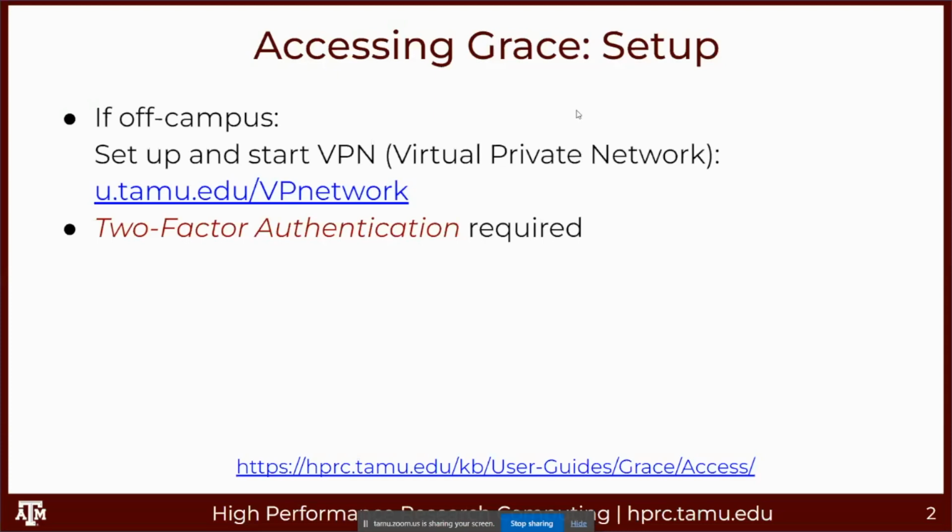So who already has access to either A&M's Wi-Fi or to the A&M VPN right now? If you do not, I highly recommend that you click on this link right now and start getting that set up so you can follow along with the rest of the presentation.